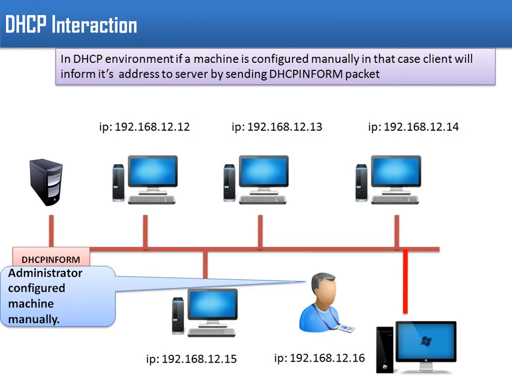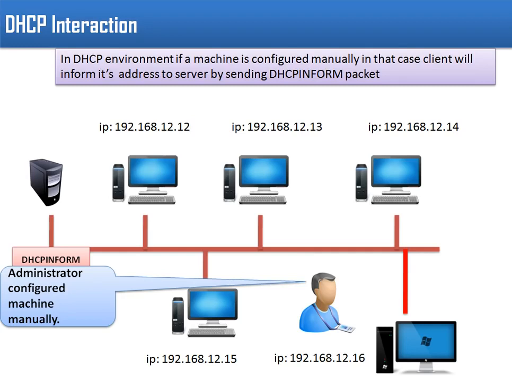If there were no DHCP inform mechanism, what would happen? This person manually configured this machine, so the DHCP server has no idea whether this IP address is allotted to someone. From the point of view of the DHCP server, this IP address is free, and it might allot the same IP address to another machine.